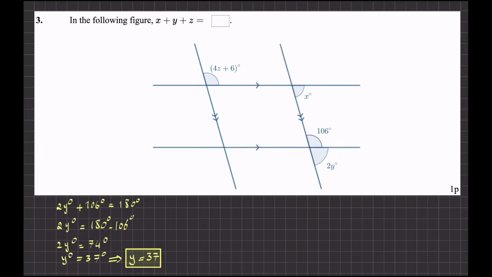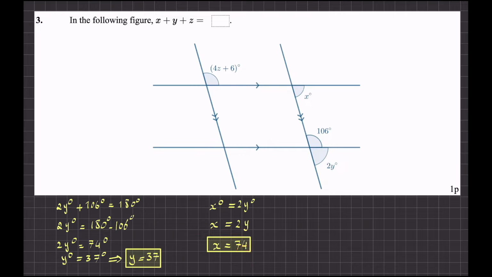So this means that x degrees is equal to 2y degrees. I drop the degree signs, so x becomes 2y, but y is 37. If I multiply it by 2, it becomes 74. Yes, so what I did, I took this 37 and put it here, multiplied it by 2, I got 74.